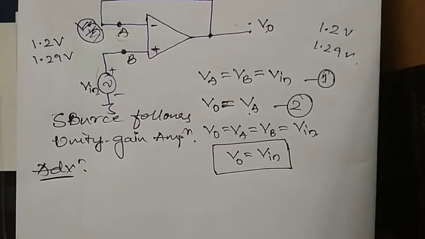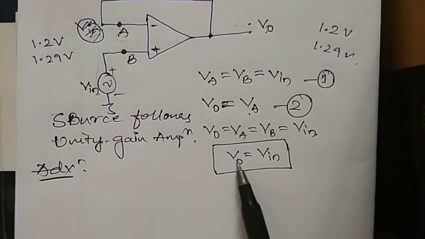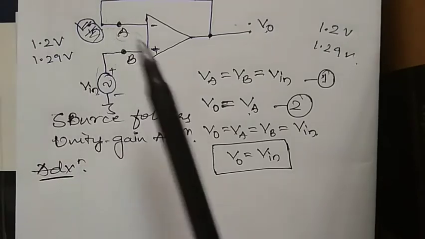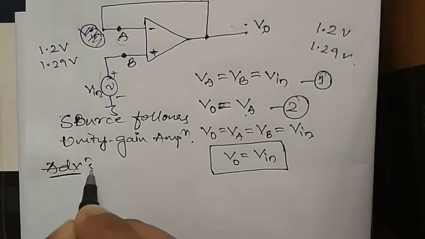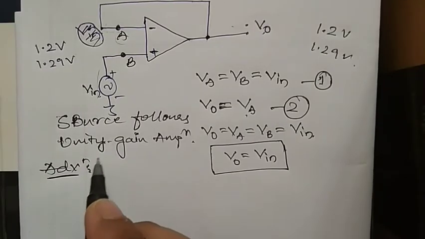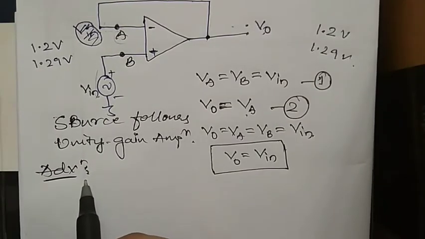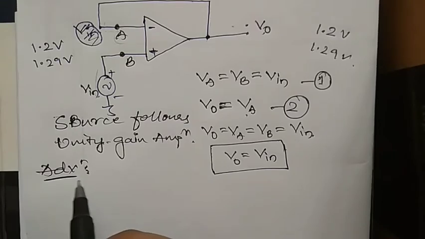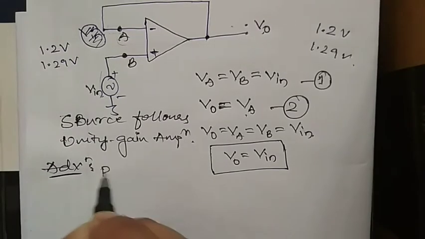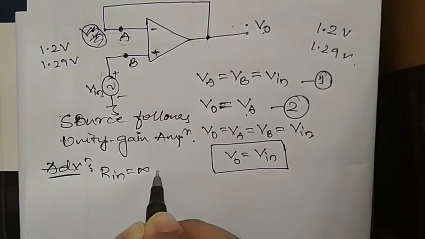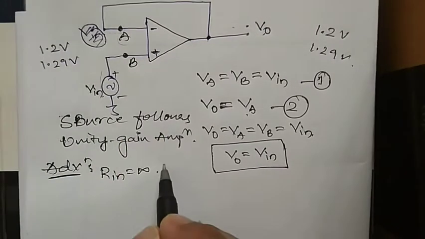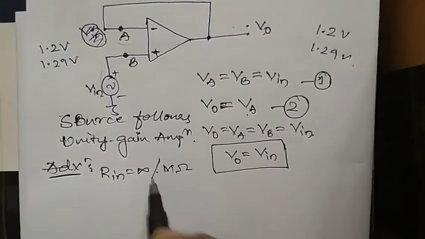You may have some questions: when input and output are both the same, then what is the use of this circuit? A main important use is for matching circuits, or matching different models. Usually we define your input impedance as infinity in the ideal op-amp, but in this case it is in terms of mega ohms.